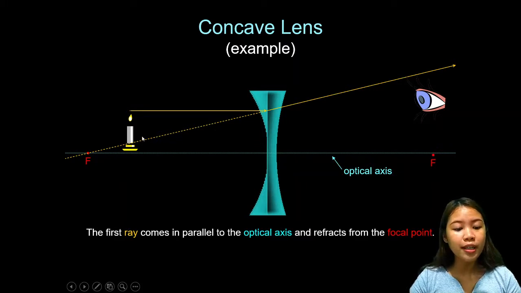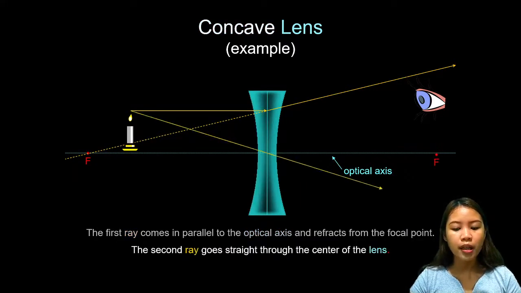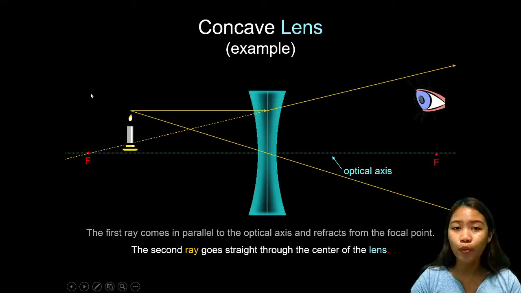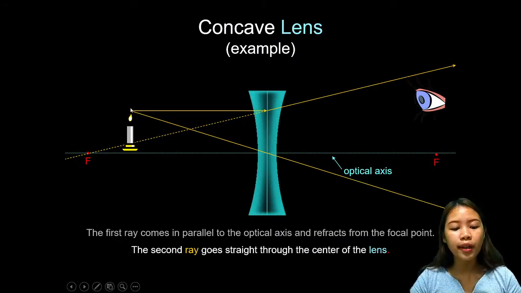And then, for the next ray, please take a look here. If in a mirror we have a pattern of straight, tiko, straight, this time in the lens the pattern is straight, tiko, slant.